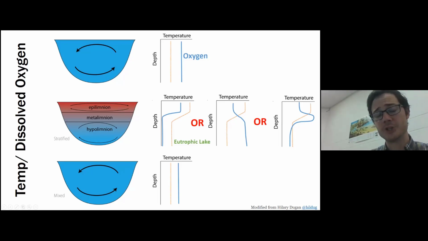It can hold more oxygen than warm water. And so there's plenty of holding capacity down here because it's cold. And then also there's low decomposition. So yes, there is decomposition, but it's so low that it's not sucking the dissolved oxygen out of the bottom parts of the water.